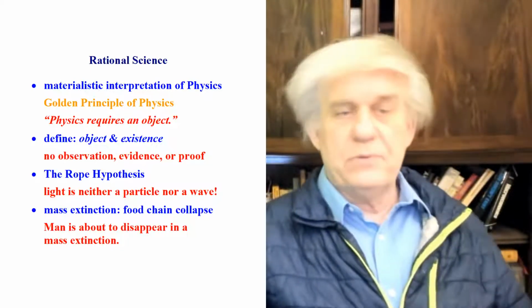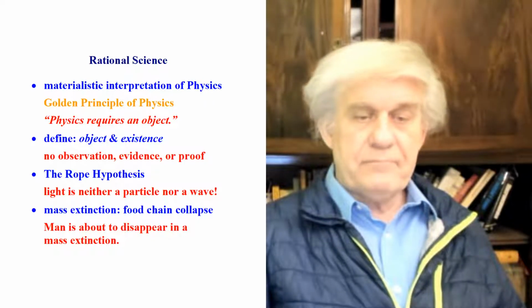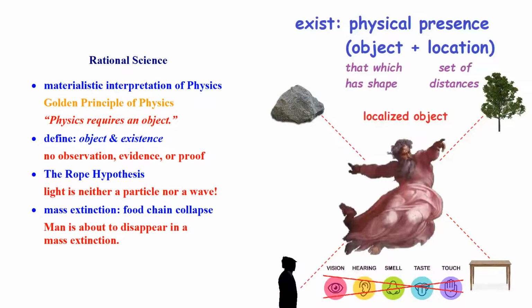So one of the first things we have to do is define the word object. Okay, and so that's what we do. Here it is. An object is that which has shape. And if the object wants to exist, it has to have, in addition, location. There has to be distance between that object and my chest, my ear, my nose.